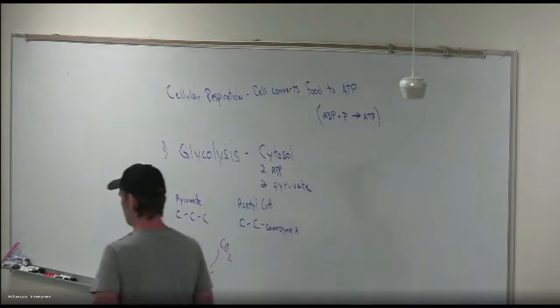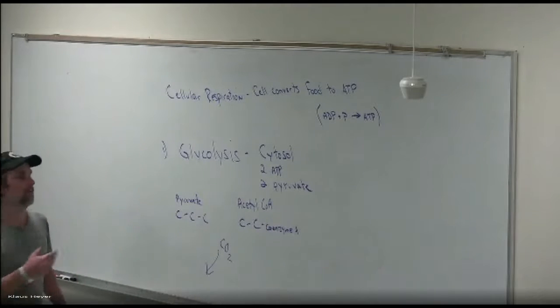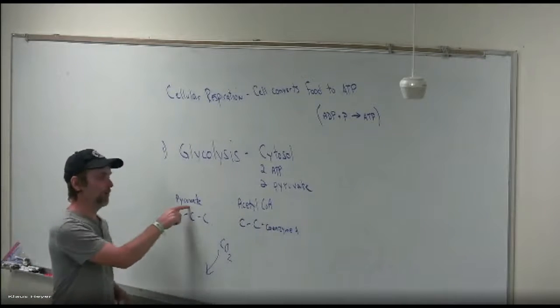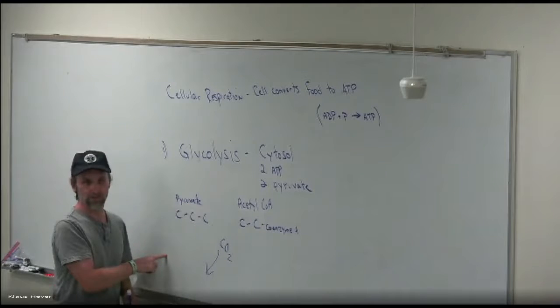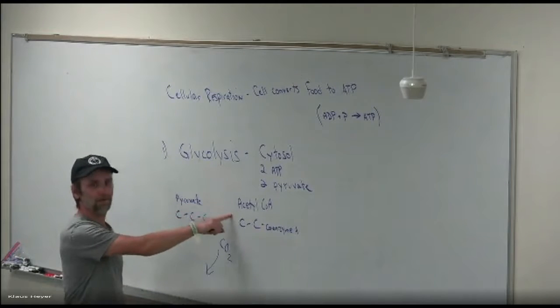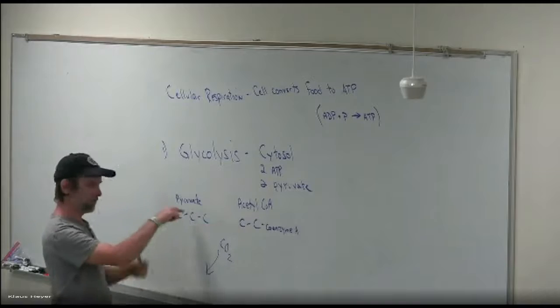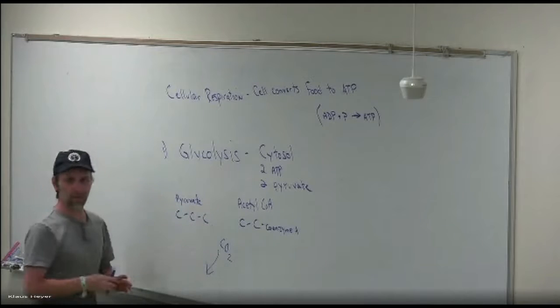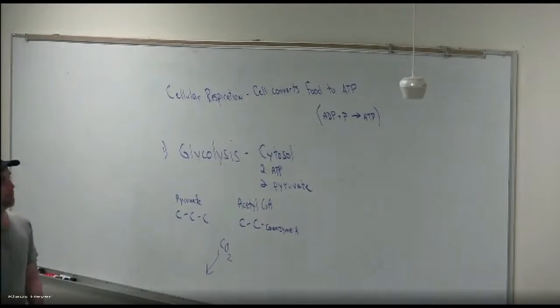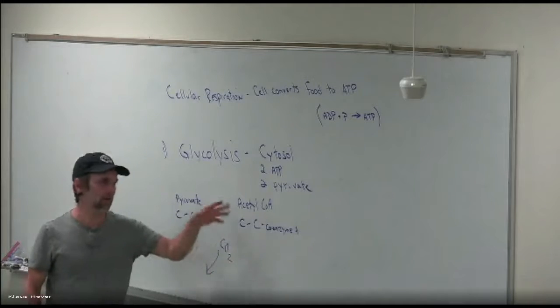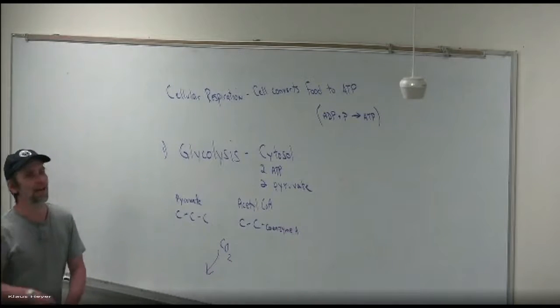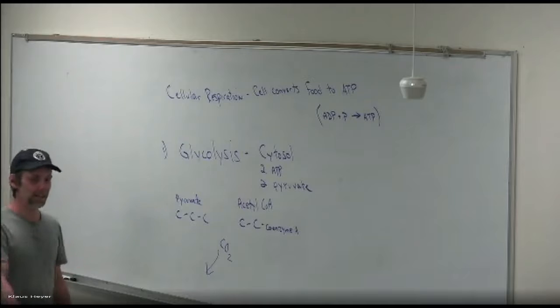It's not pyruvate that's going to go into phase 2, it's acetyl CoA. So we just tweak pyruvate a little bit, make it a little bit smaller, and we stick this coenzyme on it. So we call it acetyl CoA. Now it's small enough to get into the mitochondria.